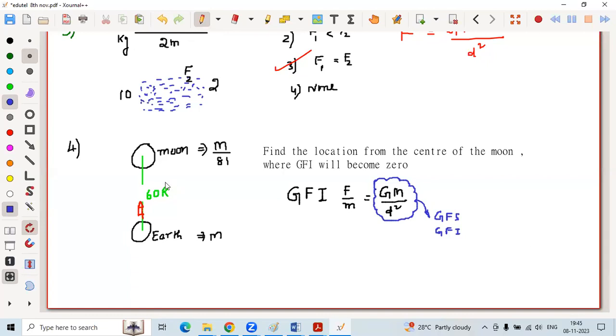Question: find the location from the center of the moon where gravitational field intensity on the rocket will become 0. Now come on, do it. I'll give you 2 minutes time. Think of it. This is also a previous year question.